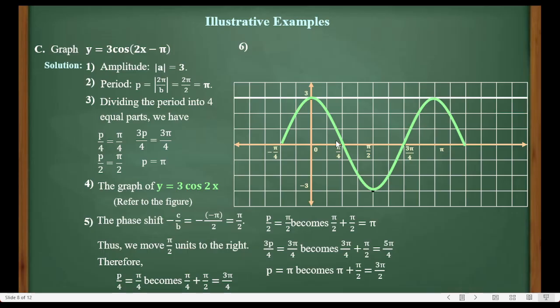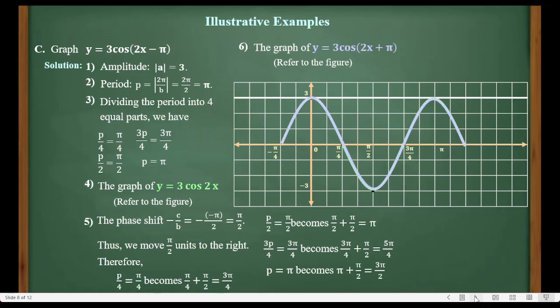We move this yellow-green graph by pi over 2 units to the right. Now, if we move this graph by pi over 2 units to the right, we will obtain the graph of this given function. Now, observe the Cartesian plane and look at the graph.